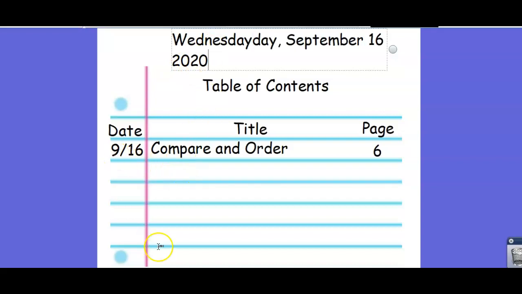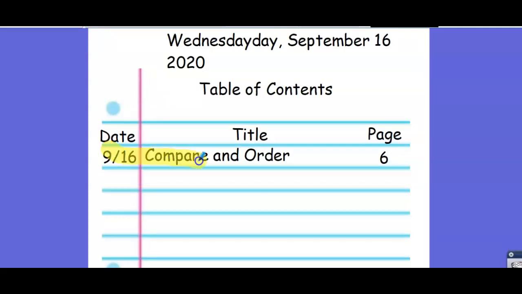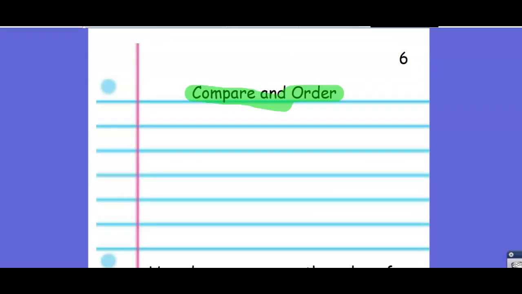In your table of contents, you are going to write the things that I highlight right here. 916, compare and order, go to page 12. After you have completed doing that, you need to go to the first page after you're writing. So it should be page 6, maybe 5. And then at the top of that page, you are going to write compare and order.